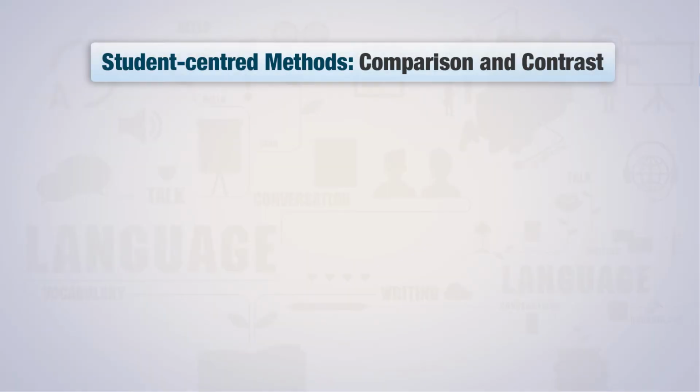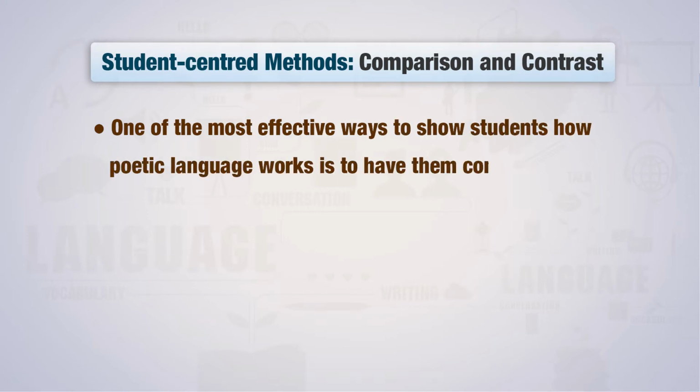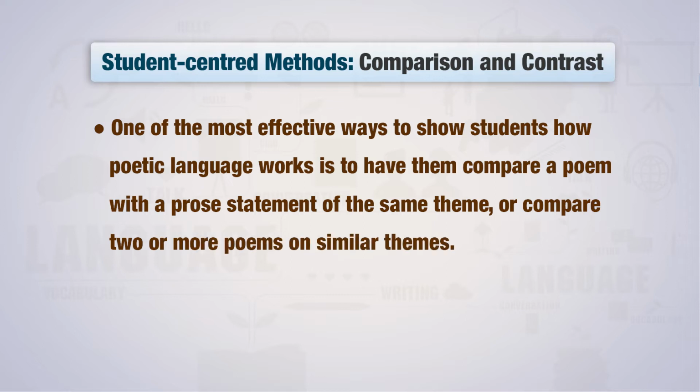Another way of teaching language through poetry is by comparison and contrast. One of the most effective ways of showing students how poetic language works is to have them compare a poem with a prose statement of the same theme, or compare 2 or more poems on similar themes.